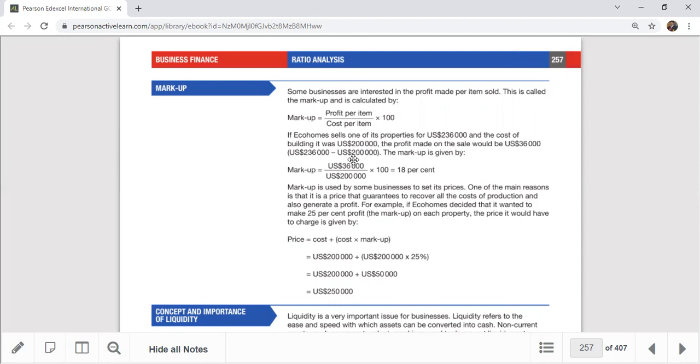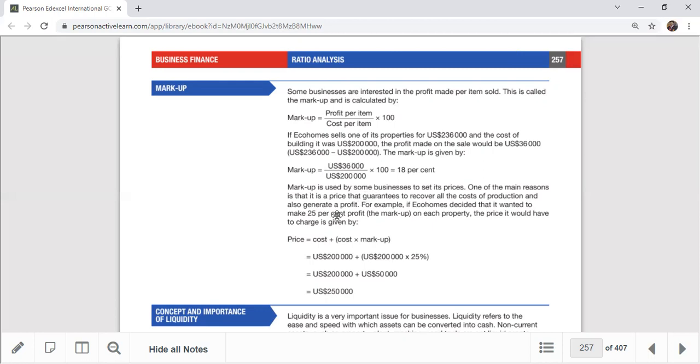That's the profit per unit. The profit per item is 36,000, the cost per item is 200,000. So we can find the markup by dividing 36,000 over 200,000 times 100. That is 18%.